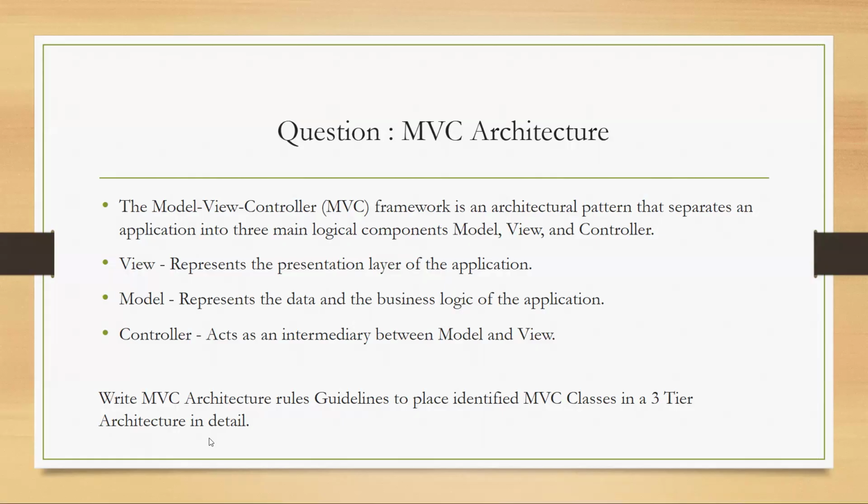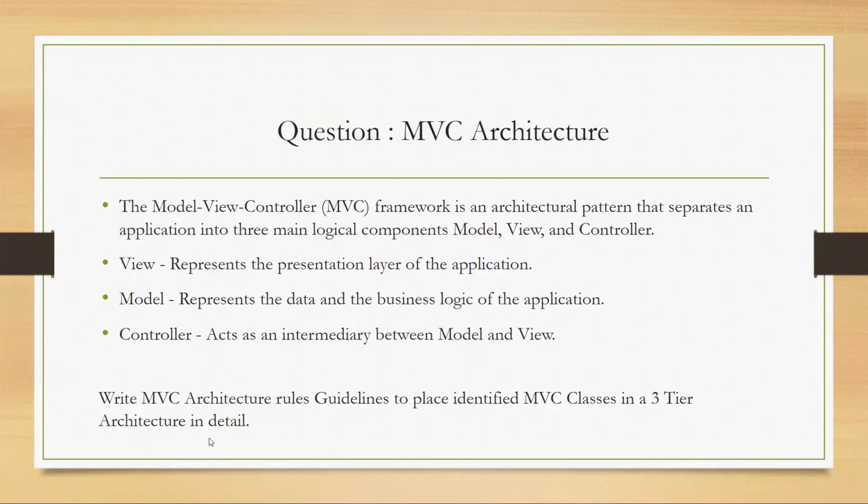For example, when a customer is ordering through a screen or page, he will be viewing the products and placing the order. Payment, order, and so on come under the model.